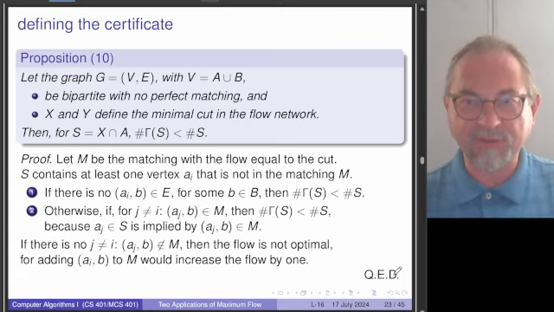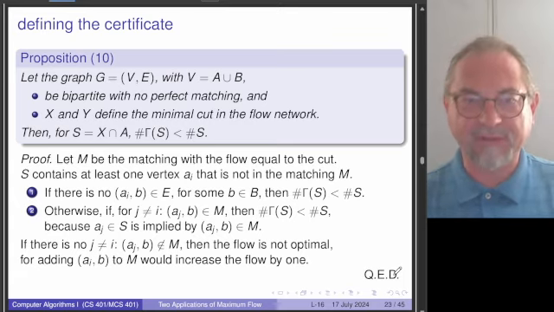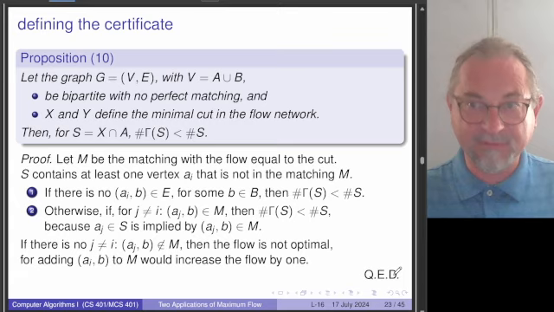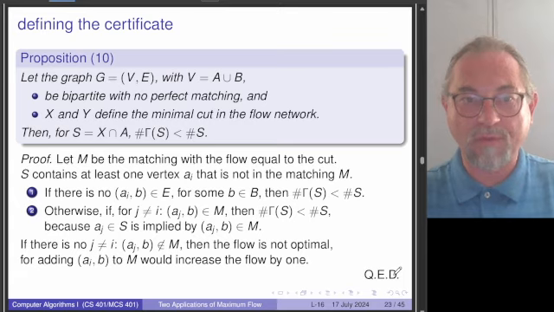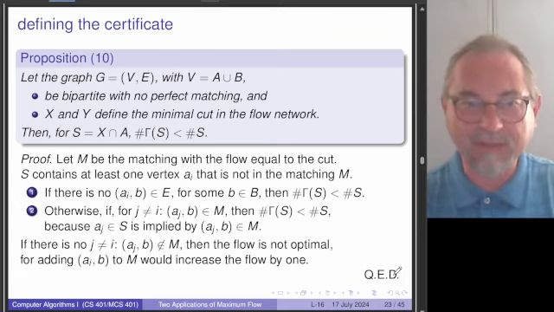So this shows that you have this lesser cardinality because of the cut. If there is no such J, then B is not connected at all, but then AI has an edge to B, and that would increase the flow by one. So this is the outline of the proof following the reasoning from the example.